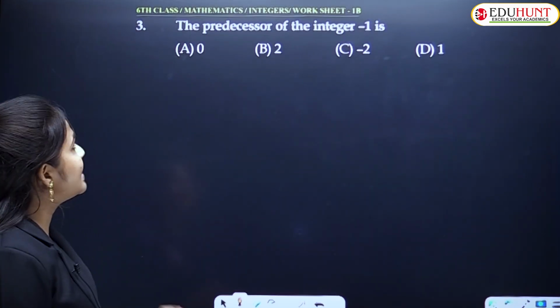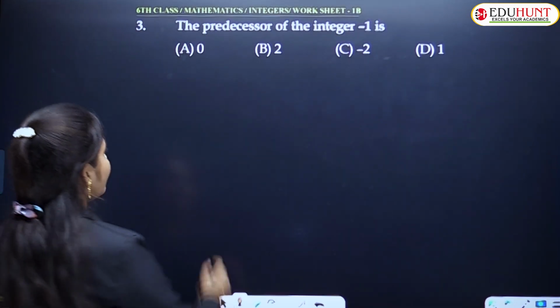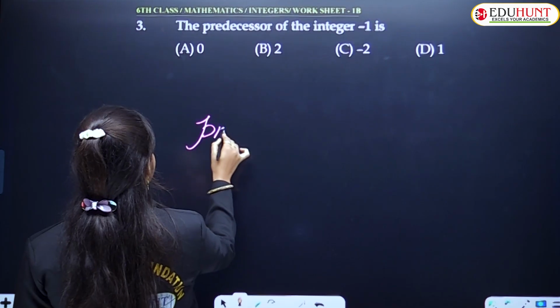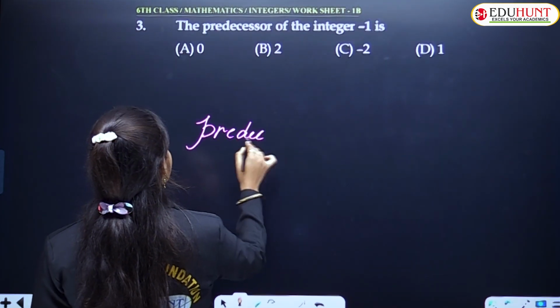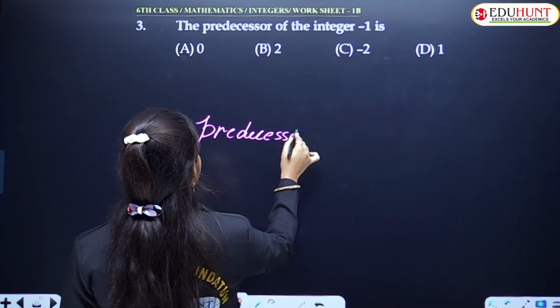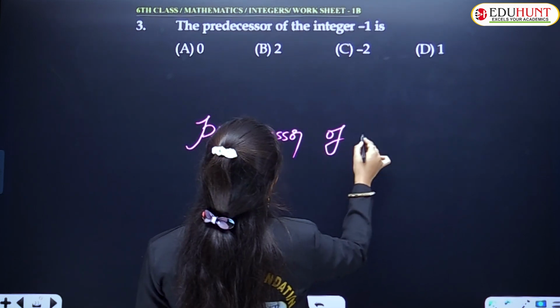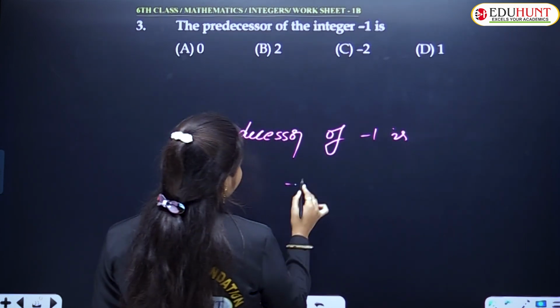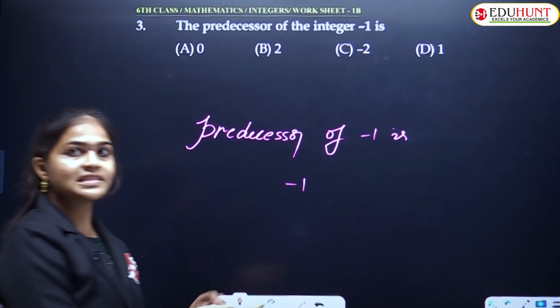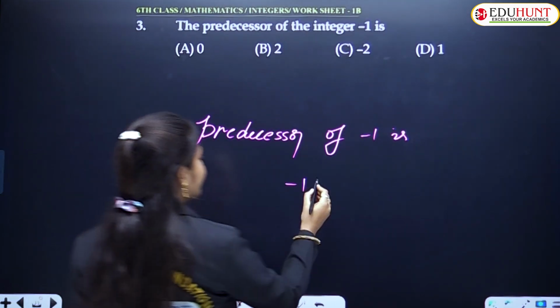Next. Question number 3. The predecessor of the integer -1. Predecessor of -1: here predecessor means we have to subtract 1, no?